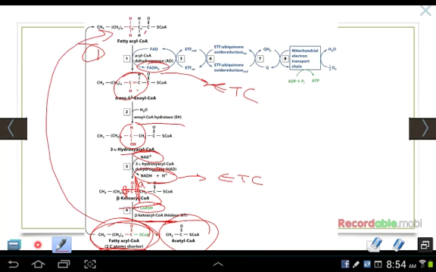If we started with a 16-carbon palmitic acid, we would end up with a 14-carbon acyl chain. And now we also have acetyl-CoA, which can then go into the citric acid cycle to produce more ATP.